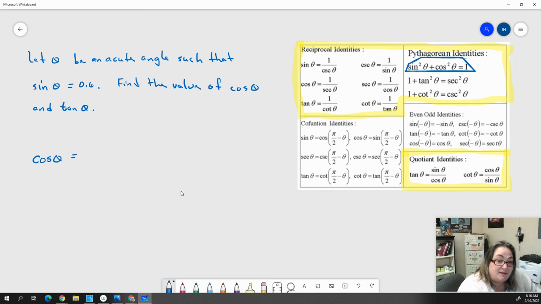So to find my cosine of theta, I am going to use sine squared of theta plus cosine squared of theta equals 1. Well, we know what the sine is. Sine is 0.6. So I can say 0.6 squared plus cosine squared of theta equals 1.